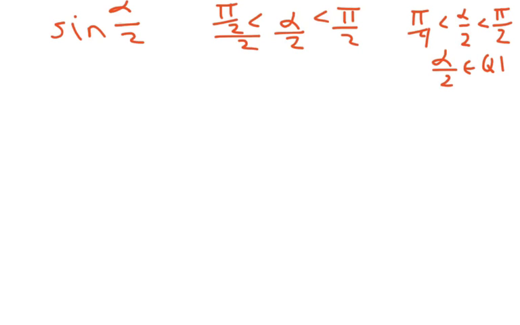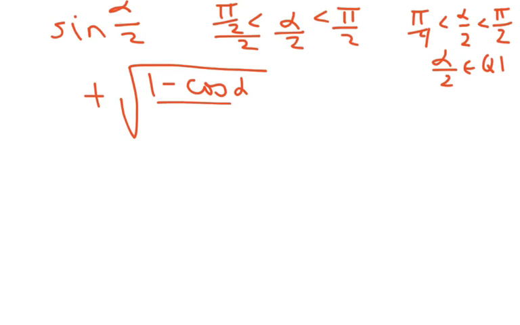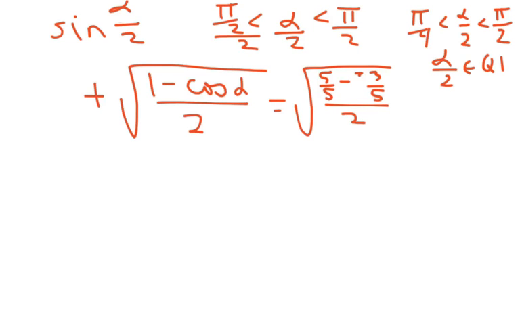And therefore I'm going to use the plus portion of my formula, 1 minus cosine of alpha over 2. And in this case, my cosine of alpha is negative 3/5. And I'm going to go ahead and write my 1 as 5 over 5 minus negative 3/5 over 2, which gives us 8 over 10.